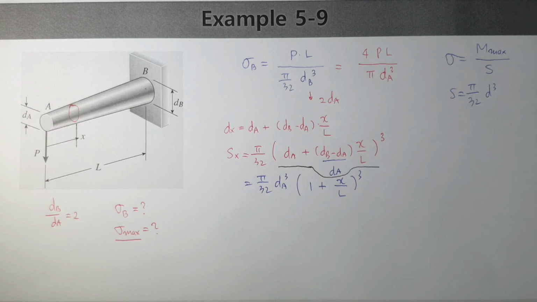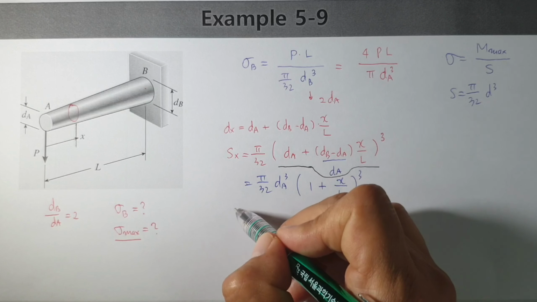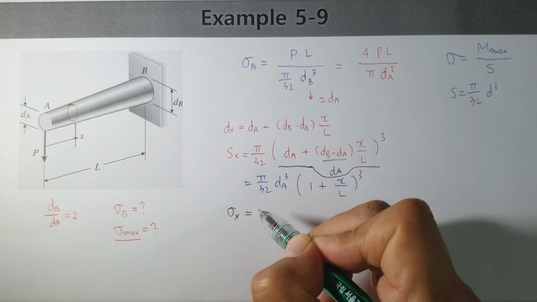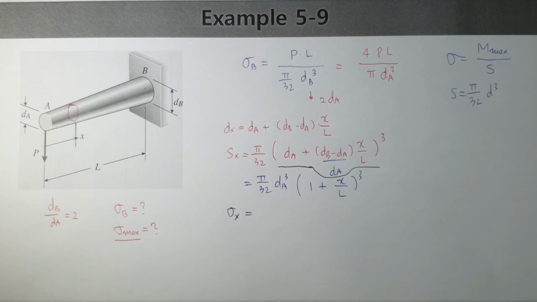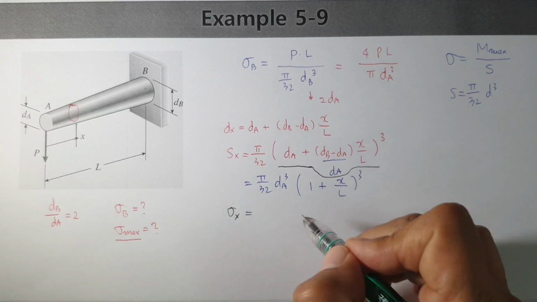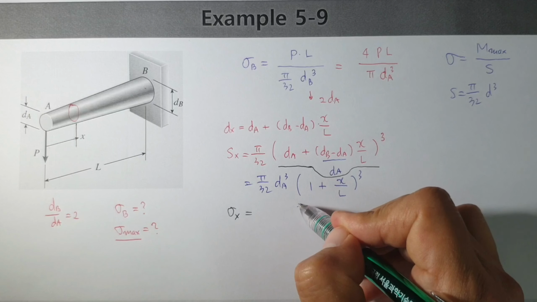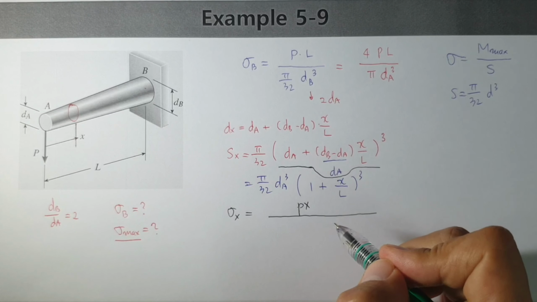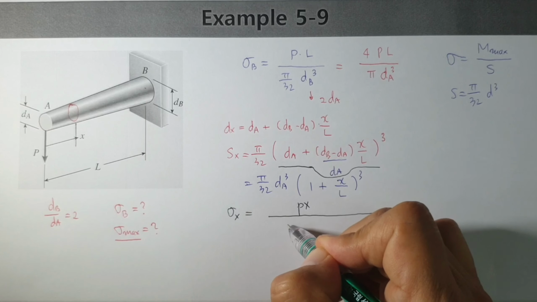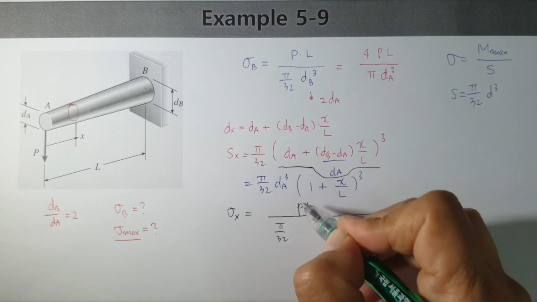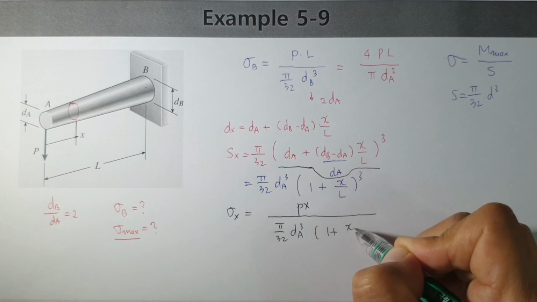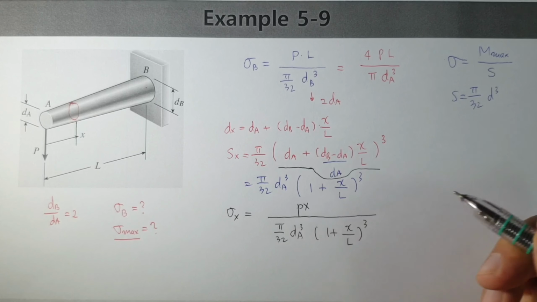Then we can calculate the sigma value at this point, sigma x. Sigma x equals Px divided by this value: π over 32 dA³ times (1 plus x over L) cubed.